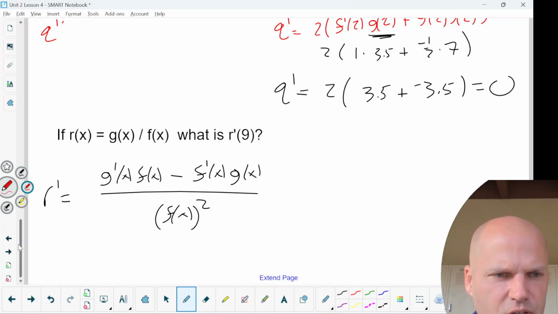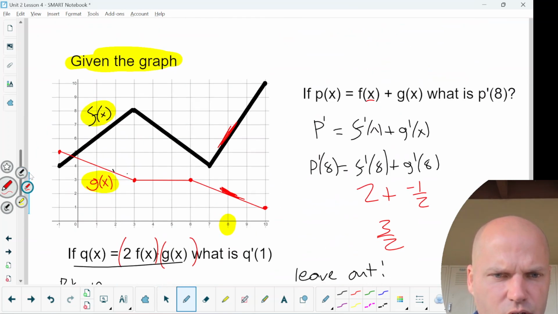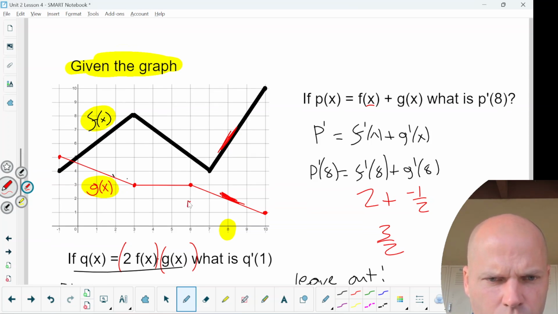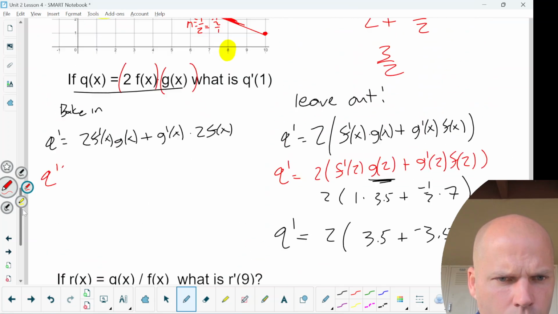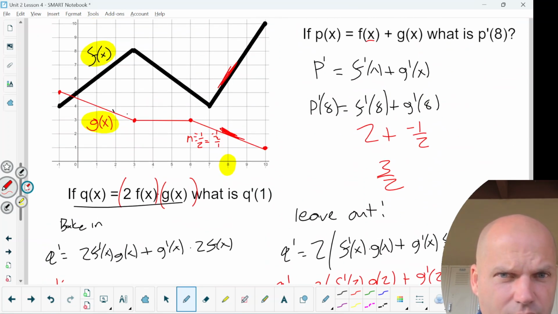And then we just have to go up to 9 and find all of our information. So g's value at 9 is going to be 1.5 if the slope is down 1 over 2. It's also down 0.5 over 1 if I divide the top and bottom by 2. So down 0.5 over 1, we're going to have a value of 1.5 at 9. So I'll write it as 3/2. F's value at 9 is 8.